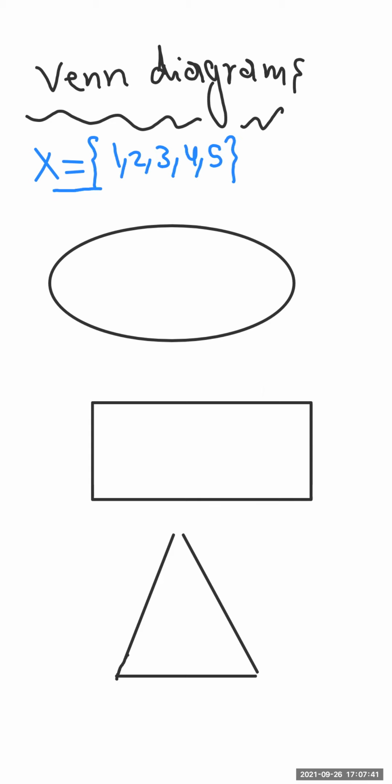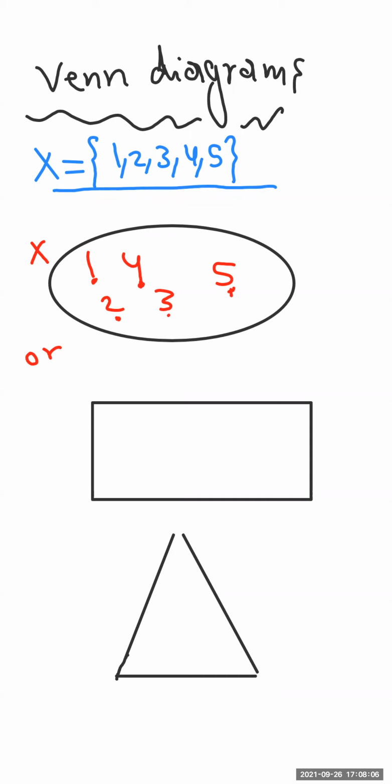So if the question says x is the set of 1, 2, 3, 4, 5, represent this set by using a Venn diagram. So what will be the solution? First, I will draw this oval and write down x, then place the elements 1, 2, 3, 4, 5 like that, with a dot beside each number. Otherwise, I can represent it by using the rectangle.